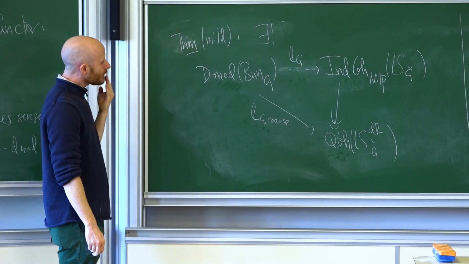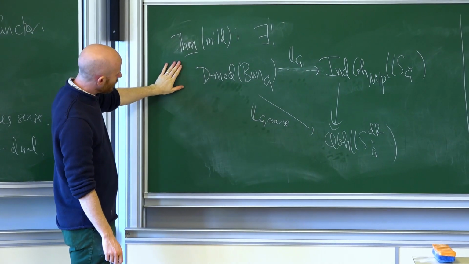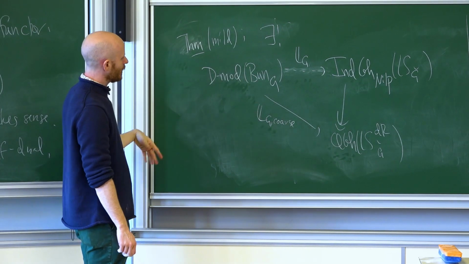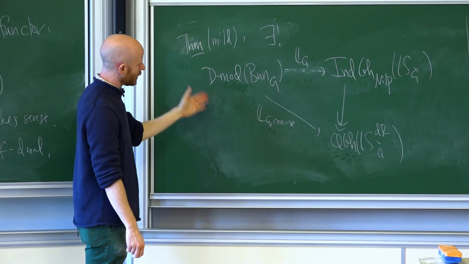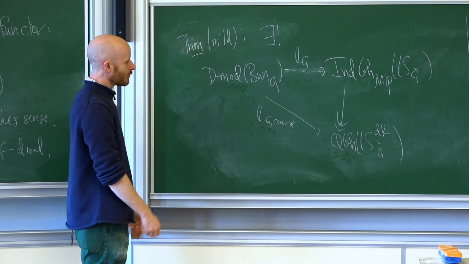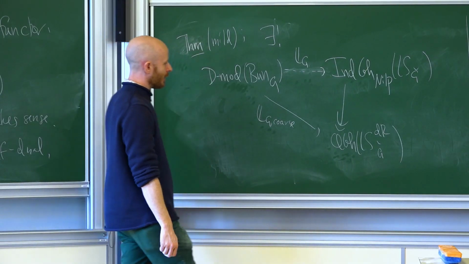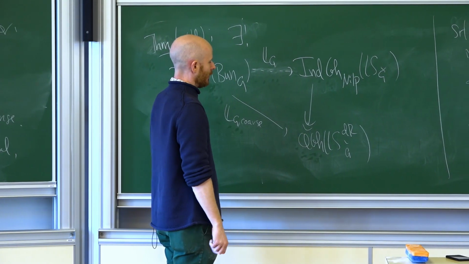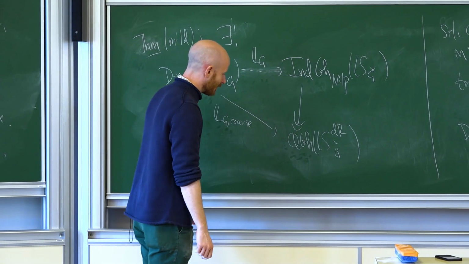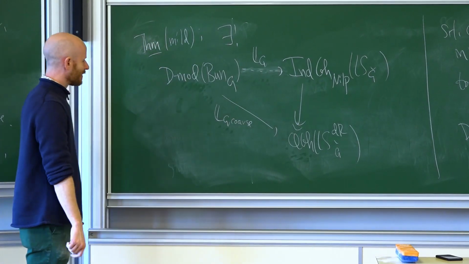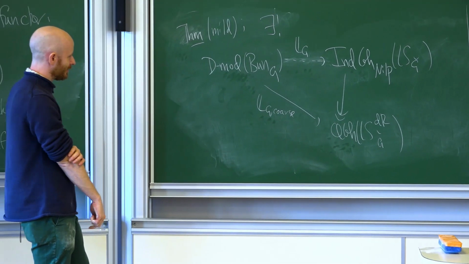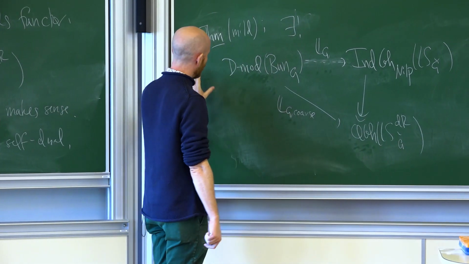And it kills everything we call non-tempered or anti-tempered. It passes through the quotient to the tempered part. It's really known in the classical Langlands program that Whittaker models don't do everything that you need them to do, and there are many serious things to say about this.